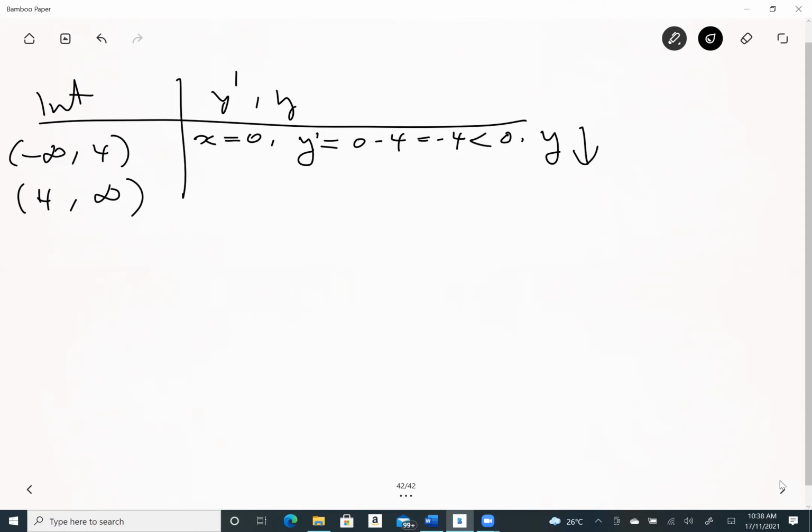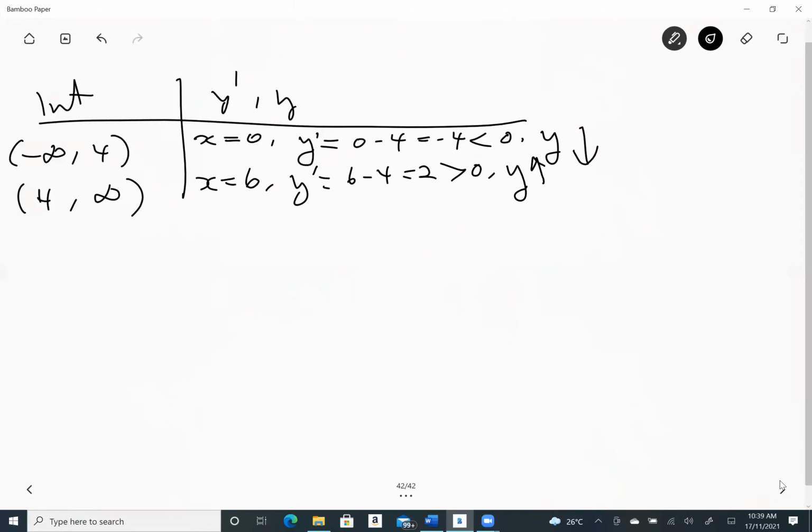Now second interval, you take test point equal to what? Let's say 6. Okay, you can use whatever you want. And then y prime is 6 minus 4. That is equal to 2. 2 is positive. Okay, so you must say positive or negative. And then what happened to y? Y will be increasing.